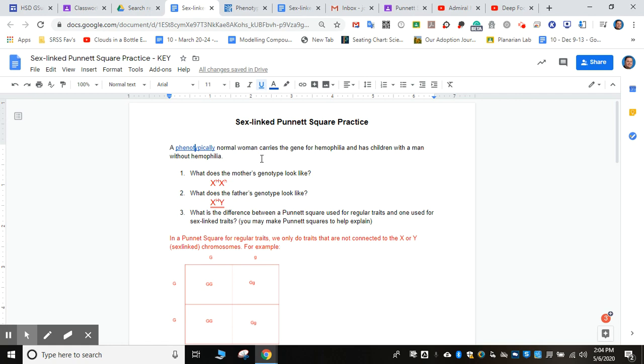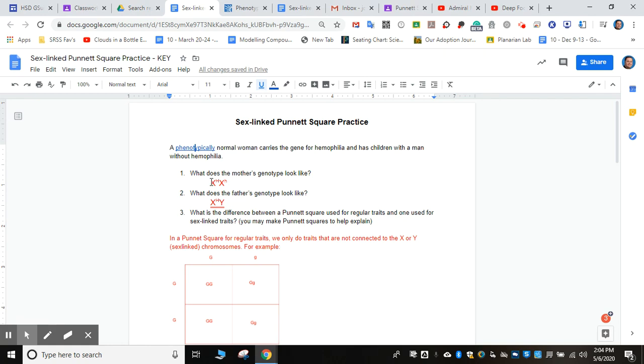So again, it's a normal woman who carries the gene for hemophilia and has children with a man without hemophilia. So, what does the mother's genotype look like? It will be an X, right? Because we're talking about sex-linked traits. This happens to be an X-linked trait, okay?